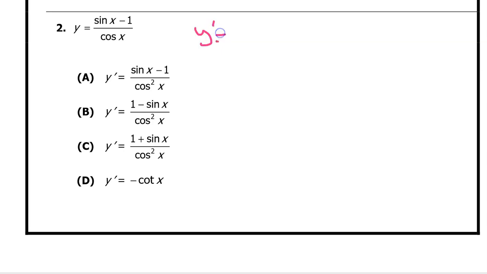So y prime equals low D high. So low means just write down the bottom part the way it is. So there's low. D high means let's do the derivative of the top part. The derivative of sine is cosine.